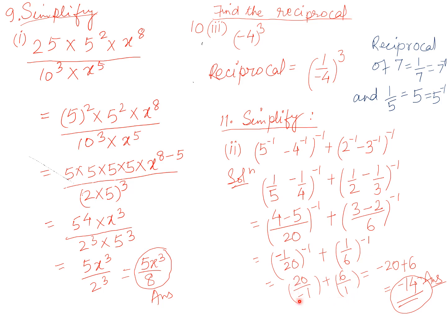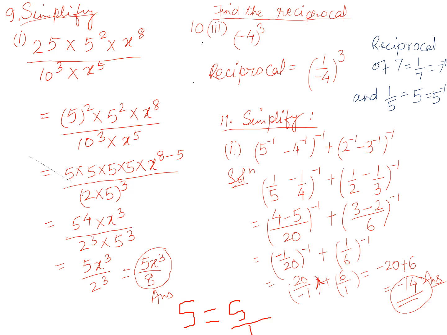So 20 by minus 1 plus 6 by 1 is actually minus 20 plus 6. Please don't get confused here. Any number, remember now in fractions we have done 5 is equal to 5 by 1. That's how I have written the numbers directly. Now 20 by minus 1, if I ask you to write it with a positive denominator, what we were doing?